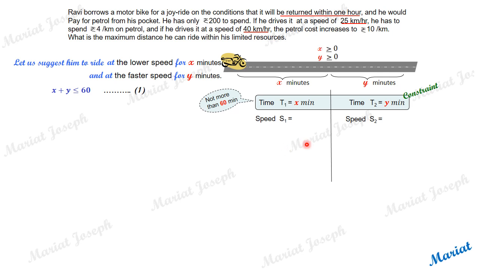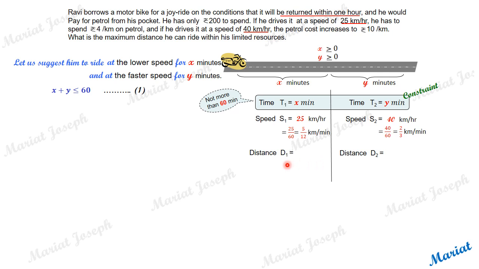Also, in these two segments, the speeds he chose are 25 km per hour and 40 km per hour respectively, which means 25 by 60, that is 5 by 12 km per minute, and 40 by 60, equal to 2 by 3 km per minute.